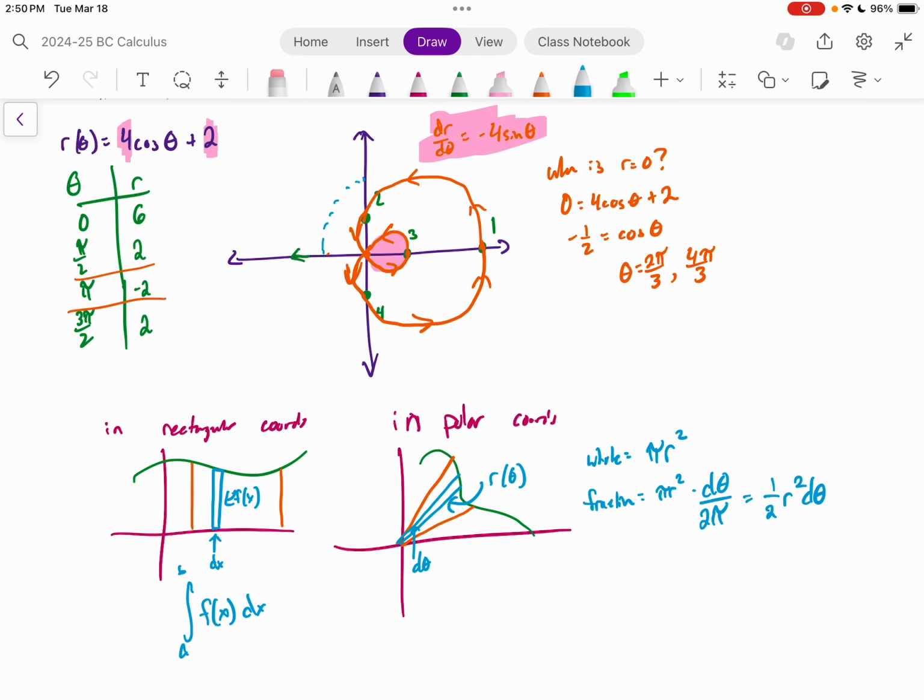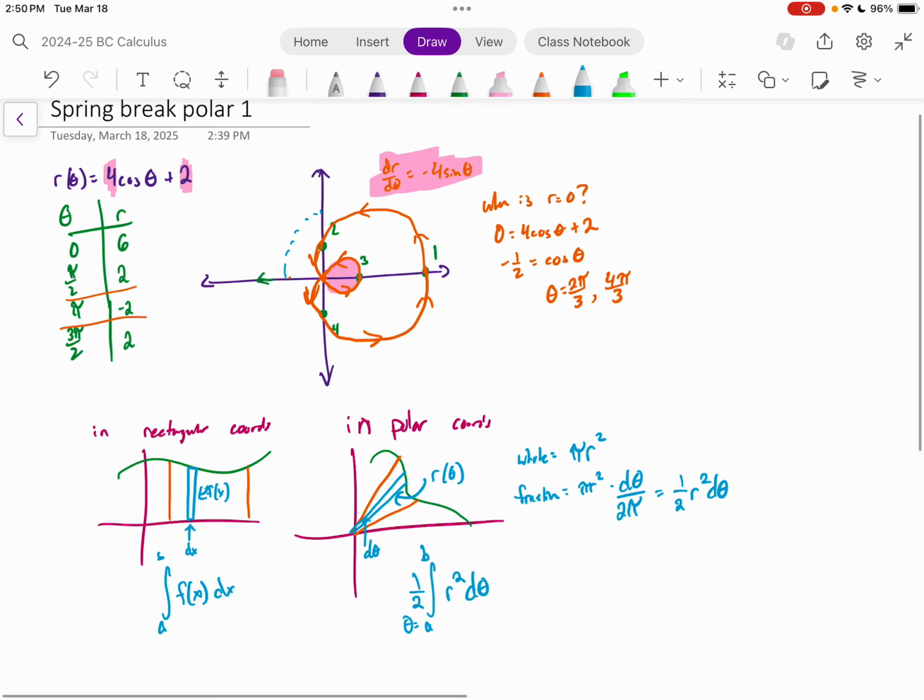So remember, this integral was the integral from theta equals A to B, where those are now angles, of 1/2 r squared d theta.